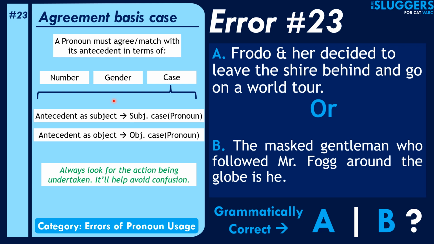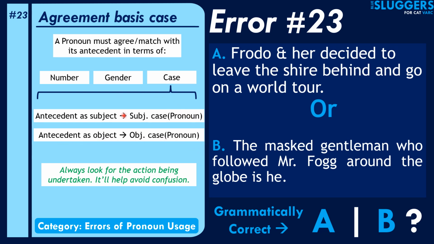So if you want to use a pronoun for Rahul, it has to be the subject case. If you want to use a pronoun for car, it has to be the object case. In case of car, the object and subject case might often be the same, but you have to ensure that it is the object case if it is for the object antecedent, and subject case for the subject antecedent. So antecedent as subject, so subject case of pronoun; antecedent is object, object case of pronoun.